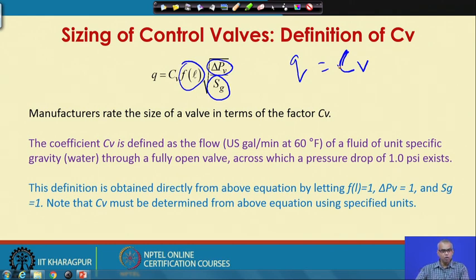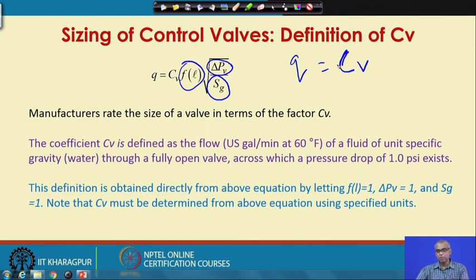So, the valve coefficient can be defined as the flow in US gallons per minute at 60 degrees Fahrenheit of a fluid of unit specific gravity, that is water, through a fully open valve across which a pressure drop of 1 psi exists. This definition is obtained directly from the above equation by letting FL equal to 1, delta PV equal to 1 and specific gravity Sg equal to 1.